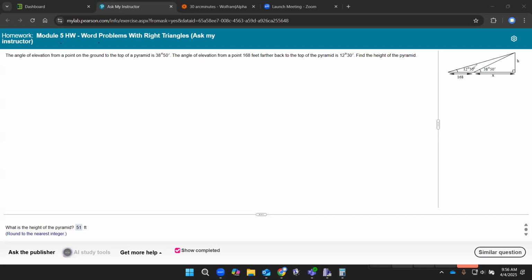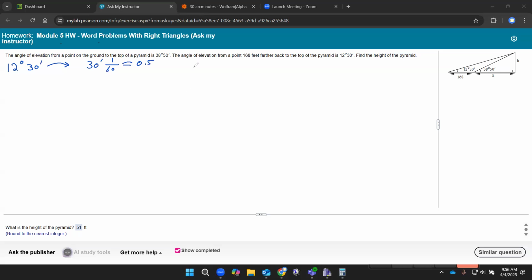The first couple of things we need to look at is the fact that the angles given are, for instance, 12 degrees and 30 arc minutes. So I need to convert that into something I can use. There are 60 minutes in a degree, so 30 minutes is equivalent to half a degree.